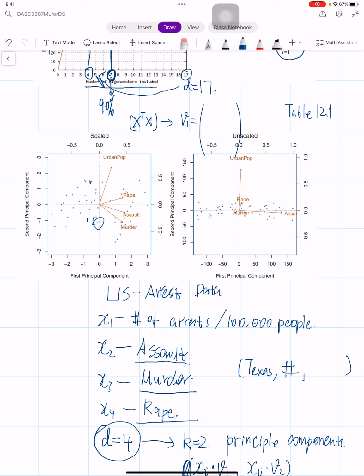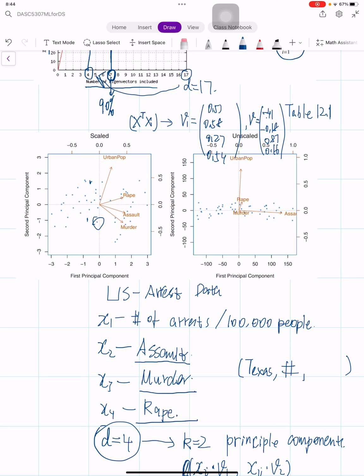The first eigenvector is 0.53, 0.58, 0.27, 0.54. The second orthogonal vector is negative 0.41, negative 0.18, 0.87, 0.16.